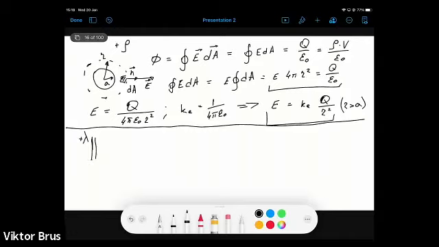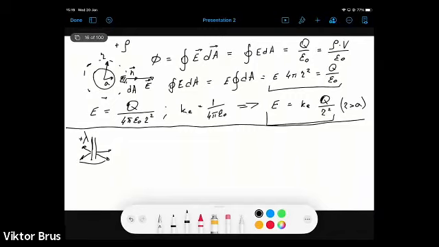And due to the symmetry of this particular example, electric field lines will go radially in all directions from this electrically charged line. And that's why it is really convenient to consider some cylinder as a Gaussian surface.